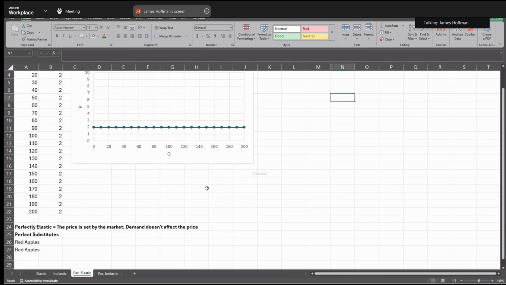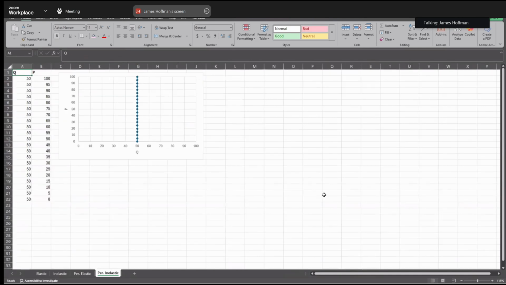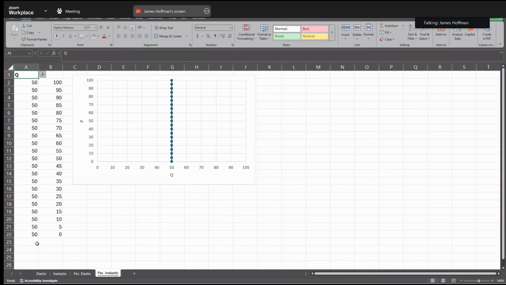Okay. Now the other extreme example, which is even a little bit trickier, is called perfectly inelastic. All right. In this case, let me define it.